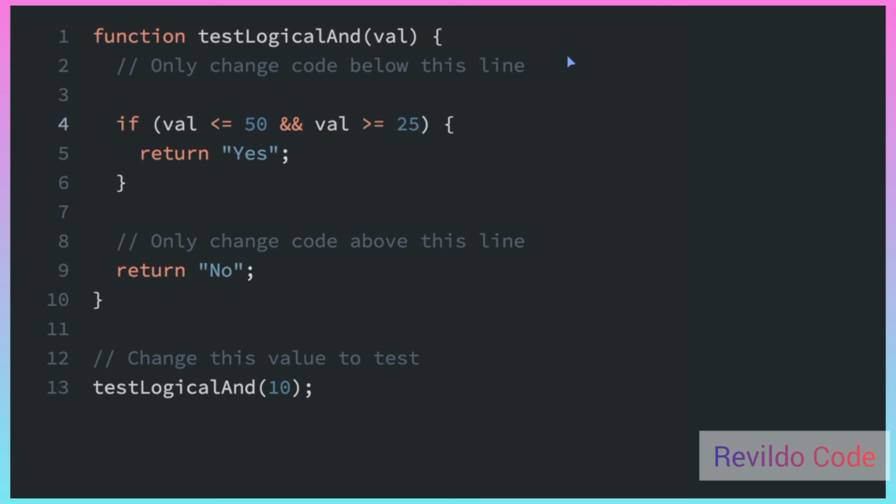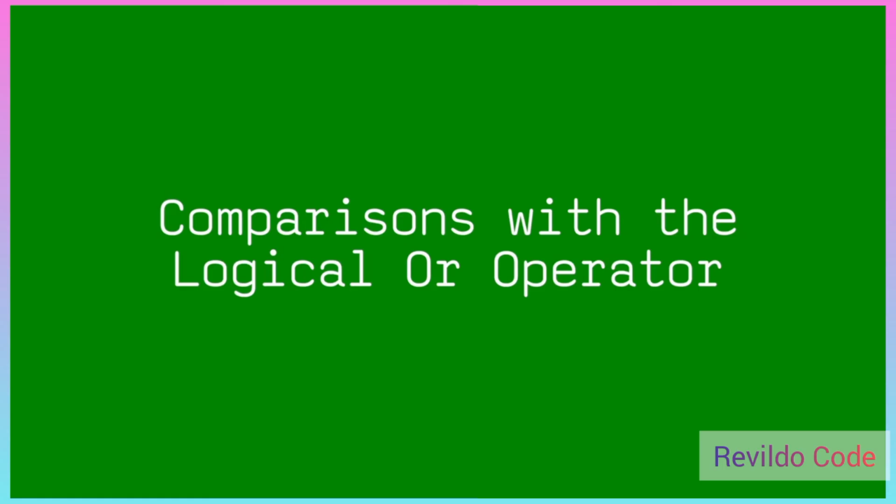Now I'm going to put value is more than or equal to 25. So this says if value is less than or equal to 50 and the value is also more than or equal to 25, then we're going to return yes. So both this statement and this statement have to be true to get inside this if statement here.